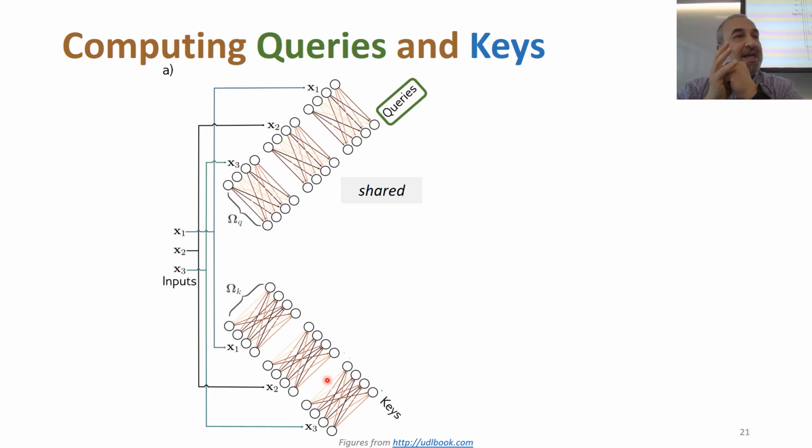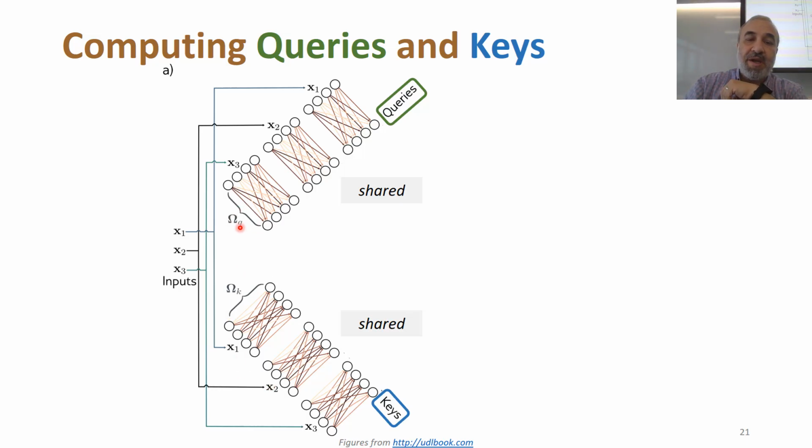So from the input vectors, each input vector will produce three vectors: value vector, query vector, and key vector. Okay, with me so far? These are all with different matrices, but they are shared among the different words.